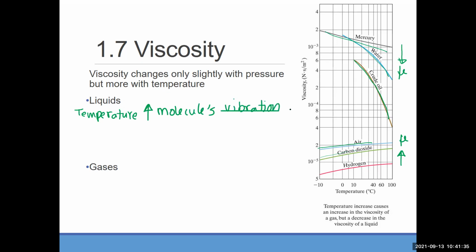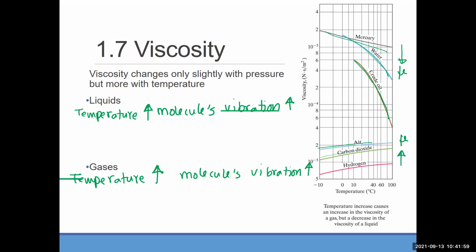Will it increase or decrease with temperature? Increase. The same thing here, if you apply temperature, molecule vibration will increase for both cases.